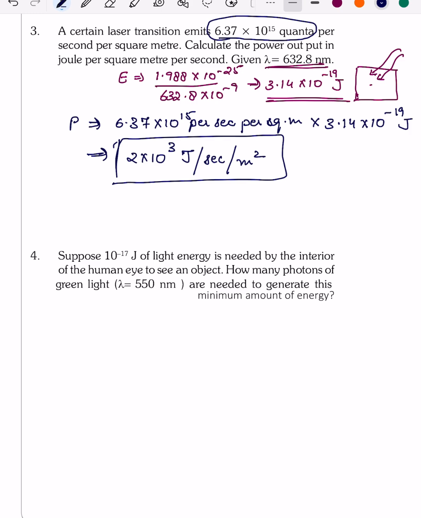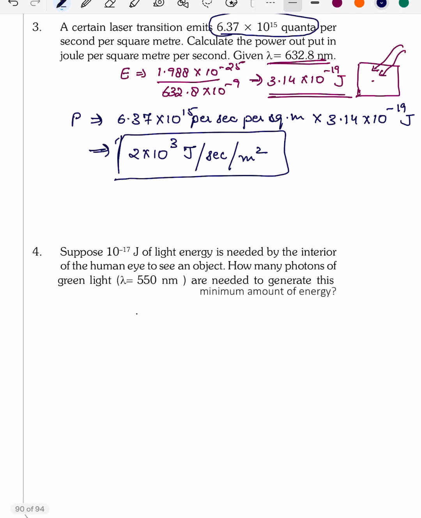Question number 4 says, suppose 10 to the power minus 17 joule of light energy is needed by the interior of human eye to see an object. How many photons of green light are needed to generate this minimum amount of energy? So we need to find this energy, and we know energy is nhc upon lambda. The question is asking how many photons of green light of wavelength this much.